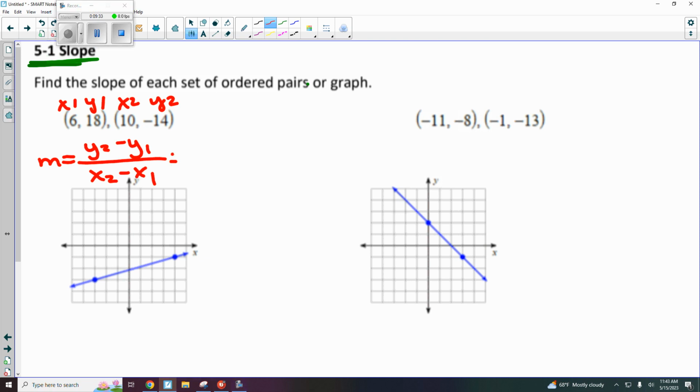Y2 is a negative 14, minus y1 which is 18, over x2 which is 10, minus x1 which is 6, and then from there we just subtract. So negative 14 minus 18 is a negative 32, over 10 minus 6 is 4. Negative 32 divided by 4 is negative 8.